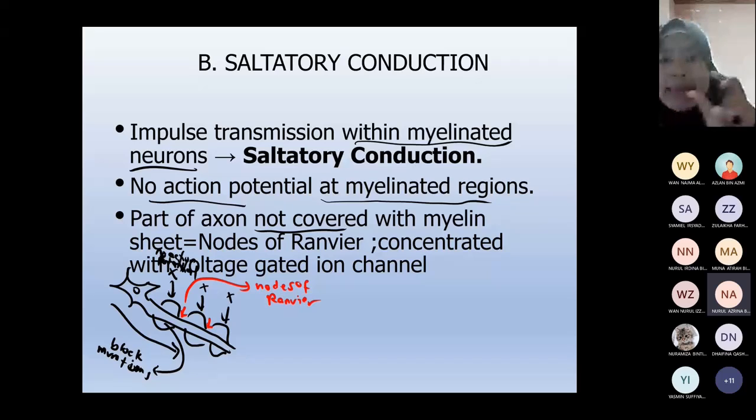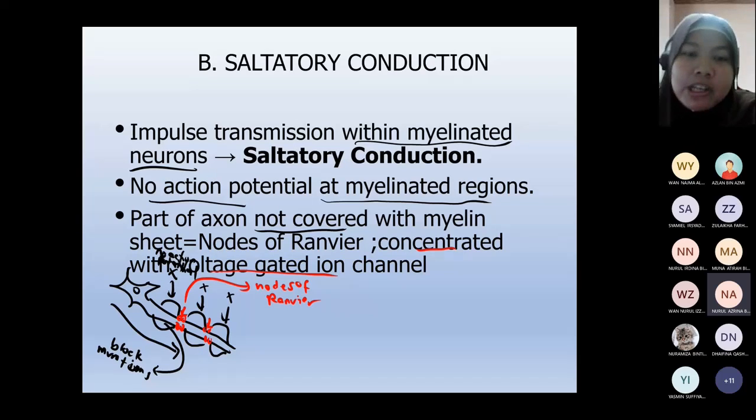So the part of the axon that is not covered by myelin sheath is known as nodes of Ranvier, and the nodes of Ranvier are concentrated with voltage-gated ion channels. So the ion channels are all here at the nodes of Ranvier. In other words, ions can only flow in between the nodes of Ranvier.